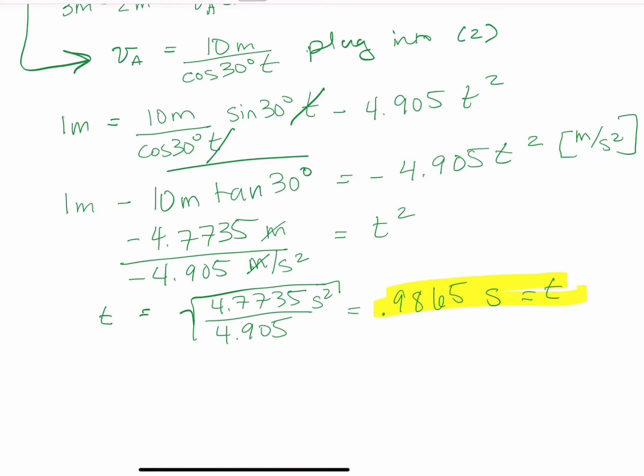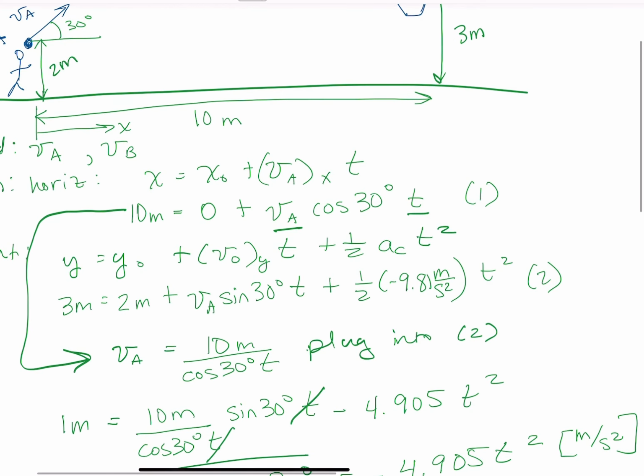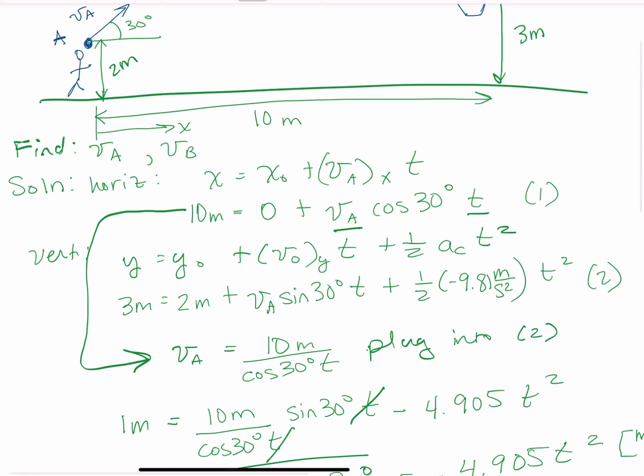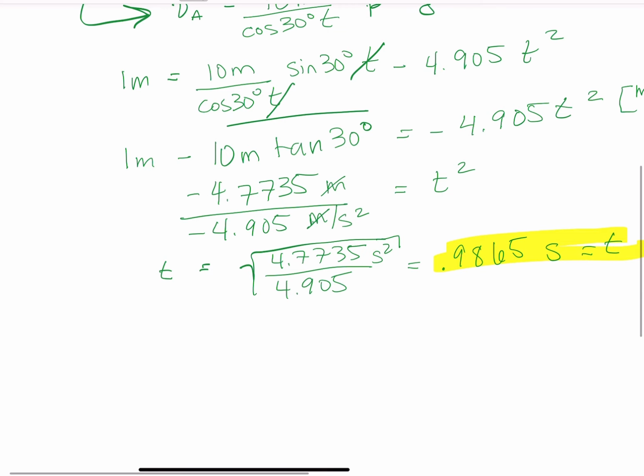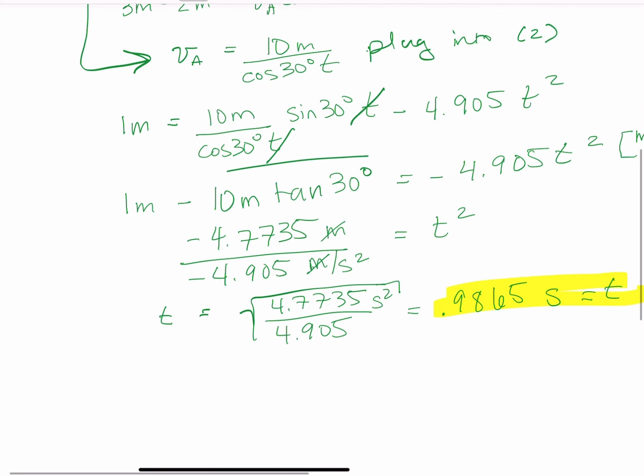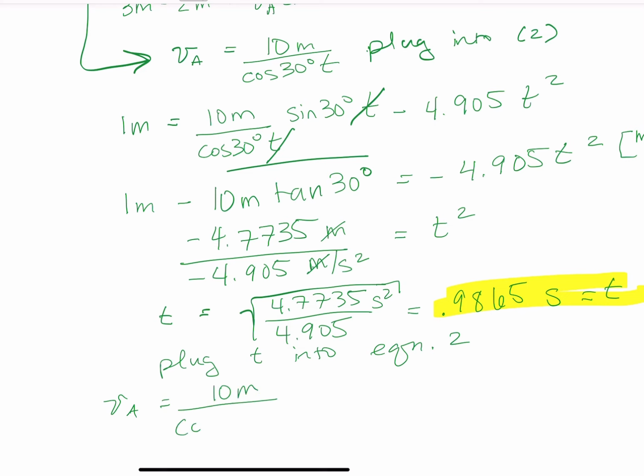Cool. So now that we've got that, what all were we looking for? We wanted to find VA and VB. Now we have the time, so we should be able to find that. Actually, VA we can go ahead and solve now because we can plug that time back into that equation. So VA equals 10 meters divided by cosine of 30 degrees times that 0.9865 seconds.